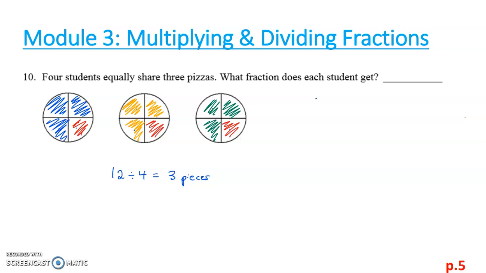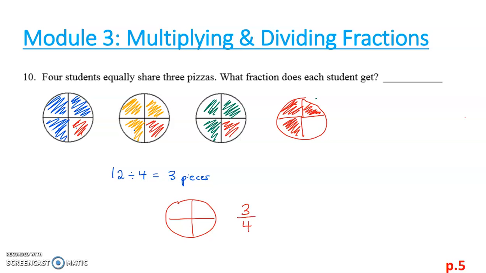And if we took those red pieces and we put them together, we would see that we could create, kind of, another pizza with a missing piece. So everybody's going to get 3 pieces out of a total of 4 in their pizza. So this is again why we can say that this fraction is represented as 3 over 4.